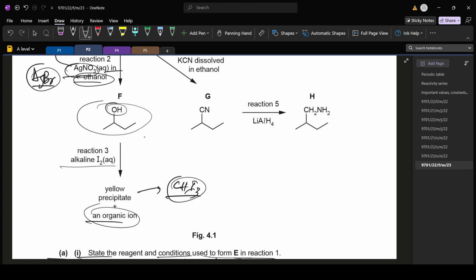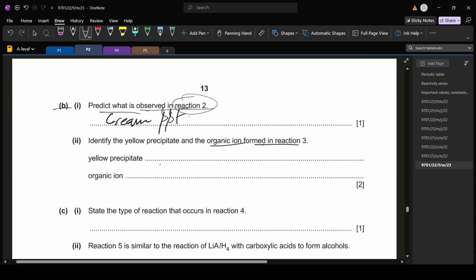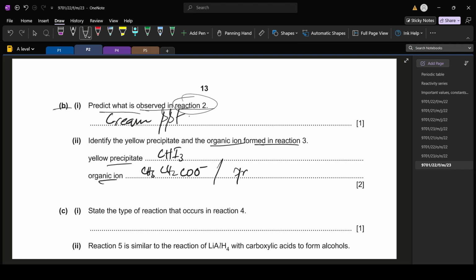Okay, this alcohol will be oxidized to a carboxylic acid, but with one less carbon. So this yellow precipitate is CHI3, or triiodomethane, and the organic ion will be CH3CH2COO-, or you can say propanoate ion.